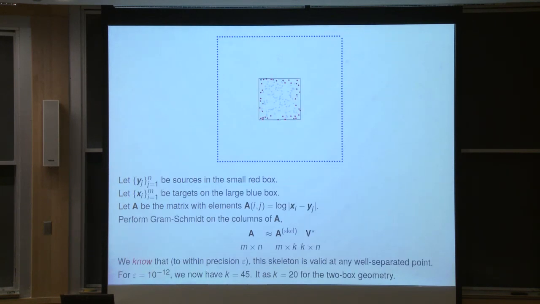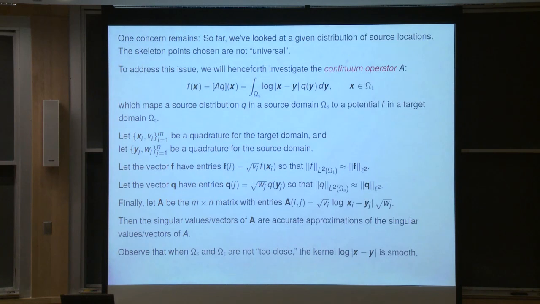So in the computations that we did here, we've now constructed a set of skeleton points that's valid everywhere outside. But still, these computations are idiosyncratic to the particular geometry that I'm given, the particular set of source locations inside the box. So in order to do a really fair comparison, we need to deal with that too. So what we're going to do is skeletonize the continuum operator.